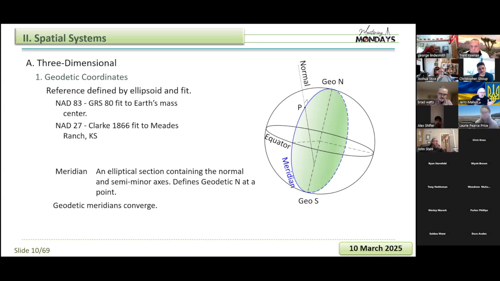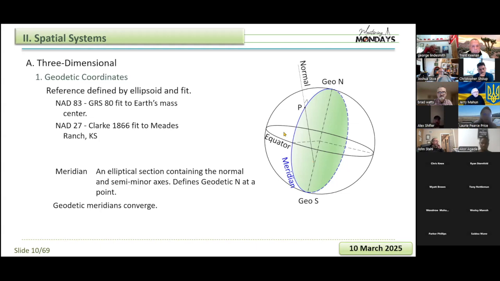With geodetic coordinates, it's based on the ellipsoid. So when we have the normal to the surface, perpendicular to the ellipsoid, it doesn't intersect at the center of that ellipsoid like it would on a sphere. So the actual latitude is measured to that normal line. It's not measured to the central line.